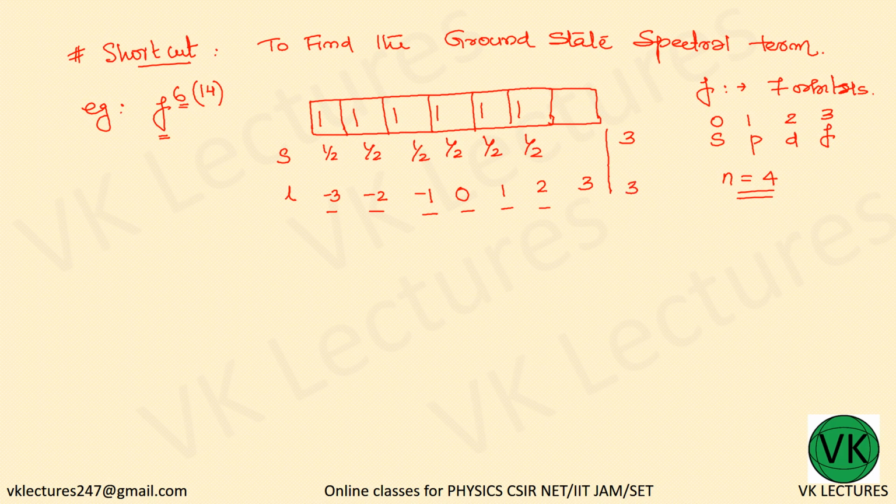Now you can take the magnitude of this after adding all. So 3 and 3. So we can write S equal to 3 and L equal to 3. Now we need the ground state spectral term. This is the last step.